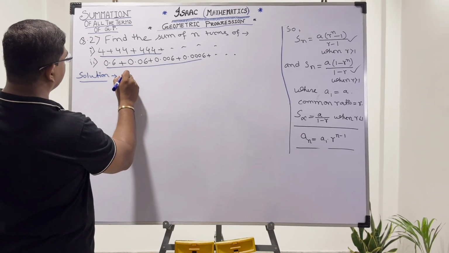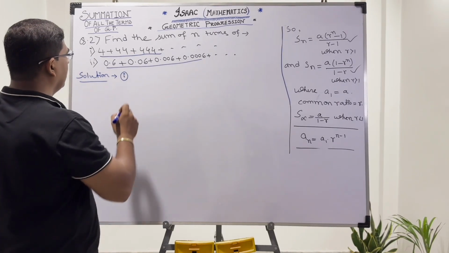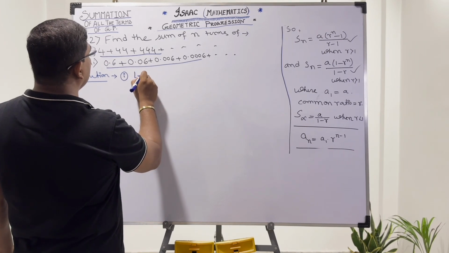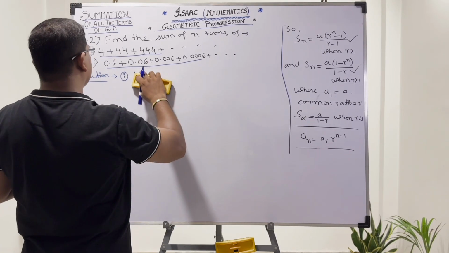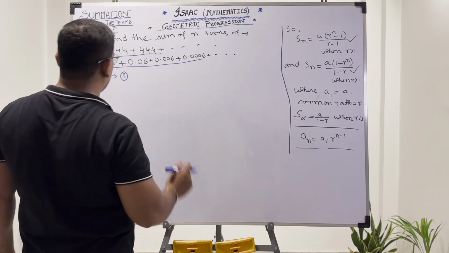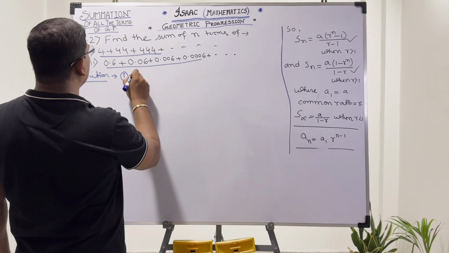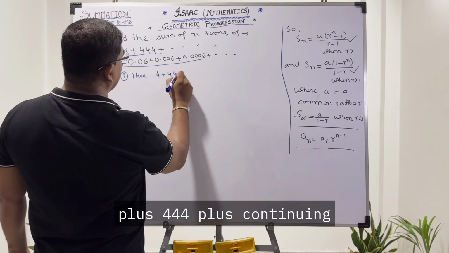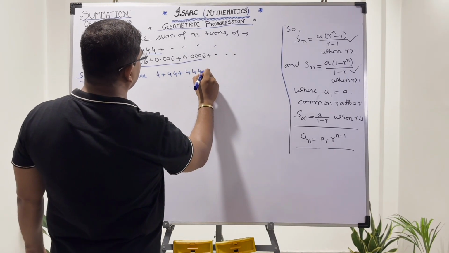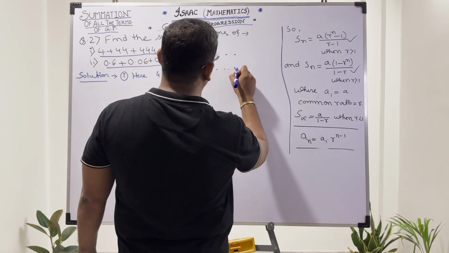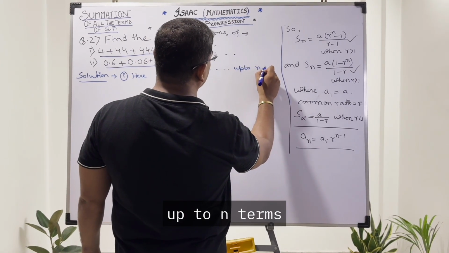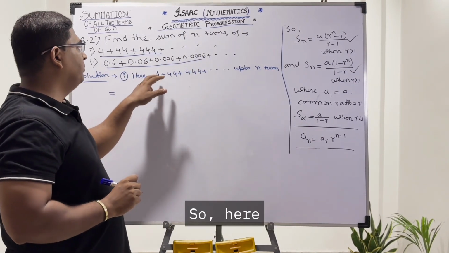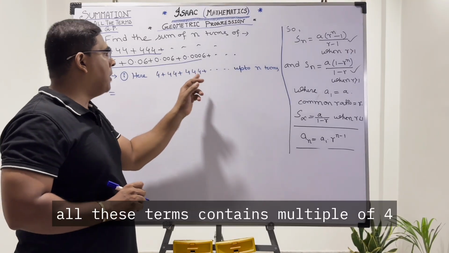Solution. Solution 1. Here 4 plus 44 plus 444 plus continuing up to n terms can be written as, so here all these terms contain multiples of 4.